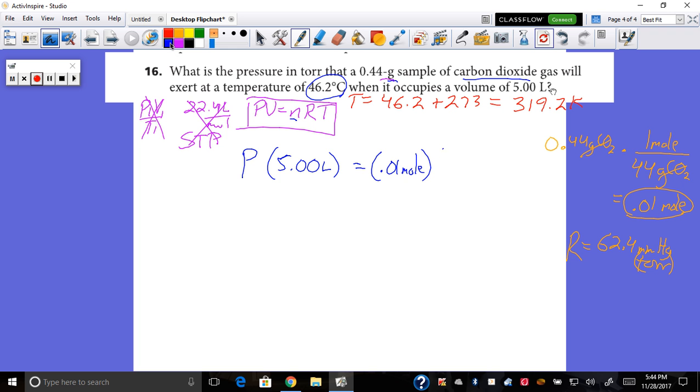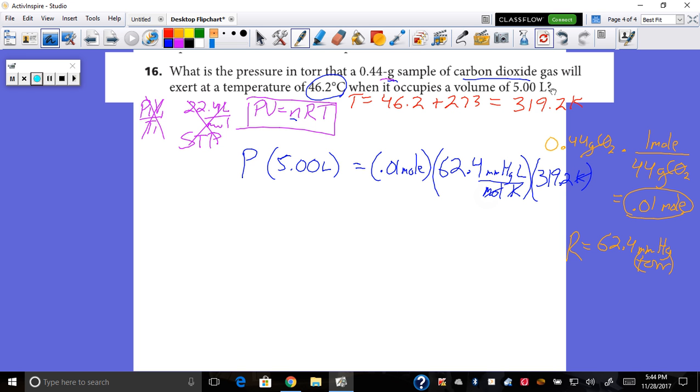So we get to use 62.4 millimeters of mercury, liters over mole kelvins. And then our temperature is 319.2 kelvins.